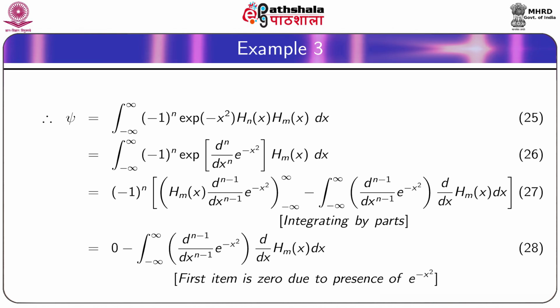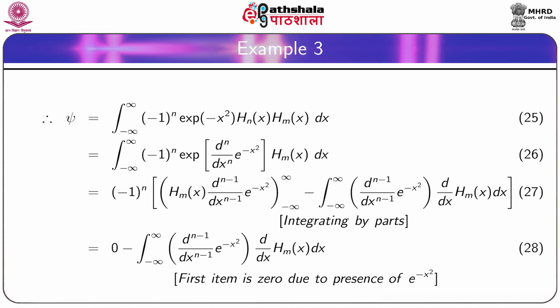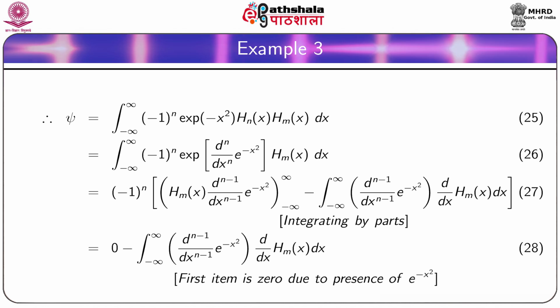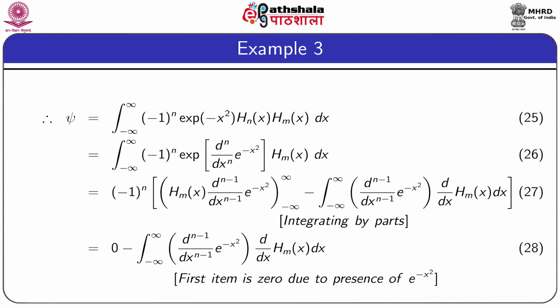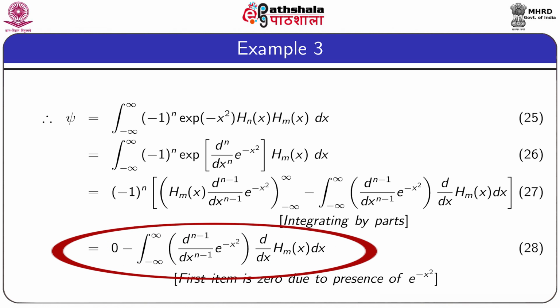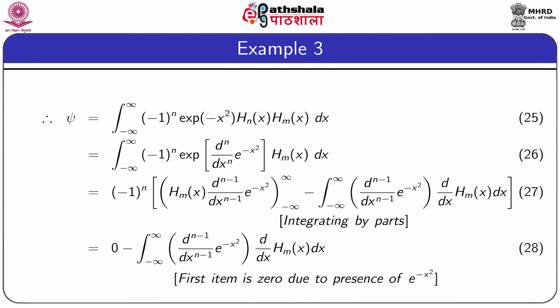Substituting the limits, we will get the first term of equation 27 to be 0 because of the presence of e to the power minus x square, and we are left with the term minus the integral from minus infinity to plus infinity of the n minus 1th derivative of e to the power minus x square multiplied by d/dx of H_m(x) dx, given by equation 28.